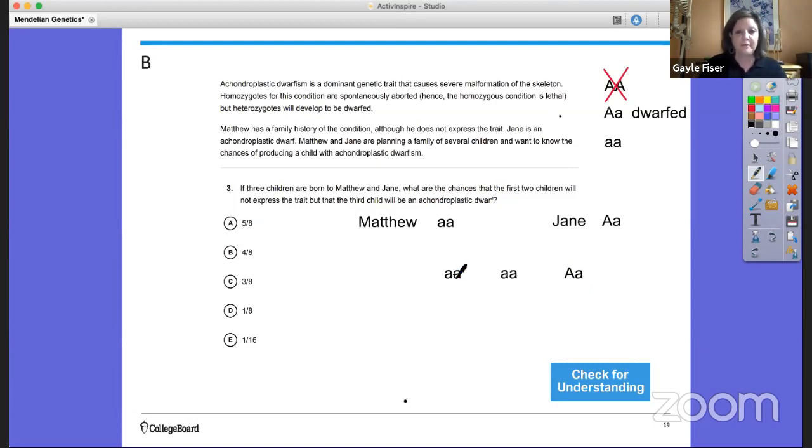So what was the chance of getting a little a from Matthew? It was 100%, right? What was the chance of getting a little a from Jane? It was 1/2. A little a, so the same combination. And then we'll have to get this big A from Jane. So what's the probability? 1/2. And then we have a little a that we have to get from Matthew. 100%.